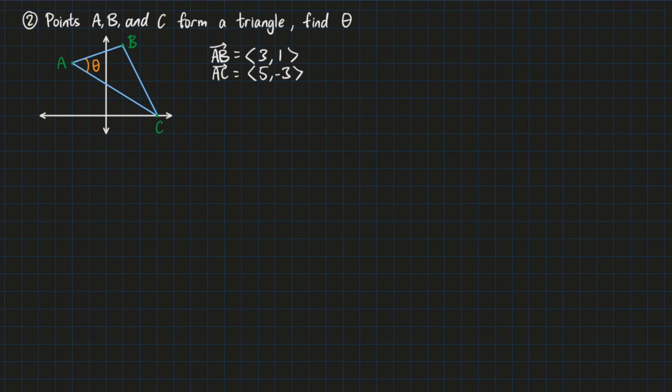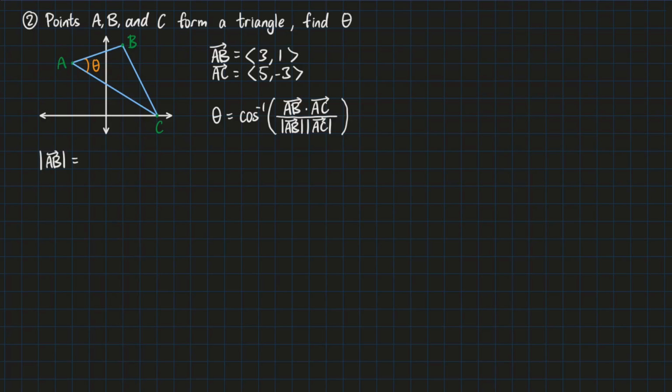Now that we have identified vectors AB and AC, we can find the angle between them. So again, the formula is theta equals the inverse cosine of vector AB dot vector AC divided by the magnitude of vector AB times the magnitude of vector AC. Alright, now let's find the magnitudes of vector AB and vector AC.